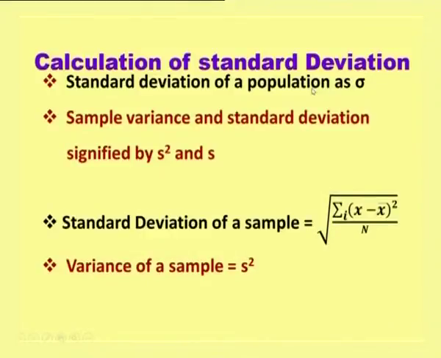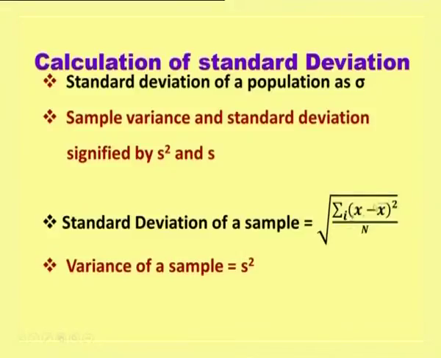Now, how to calculate the standard deviation? The standard deviation of a population is sigma, and the sample variance and standard deviation are signified by S square and S. The standard deviation of a sample is given by the formula: square root of summation over (x minus x bar) whole square divided by n, where x is the particular value and x bar is the average.